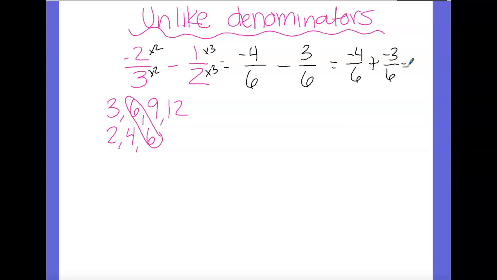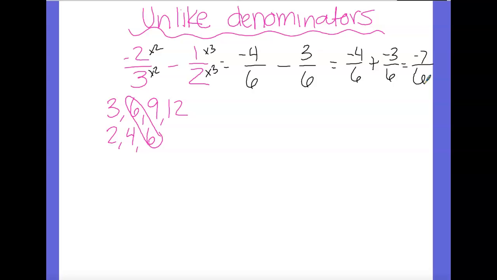I have 4 negatives. I have 3 negatives. How many total negatives do I have? 7 over 6. But Kaylin says, well, you can't leave it like that because it's called an improper fraction, so I need to change it to a mixed number.